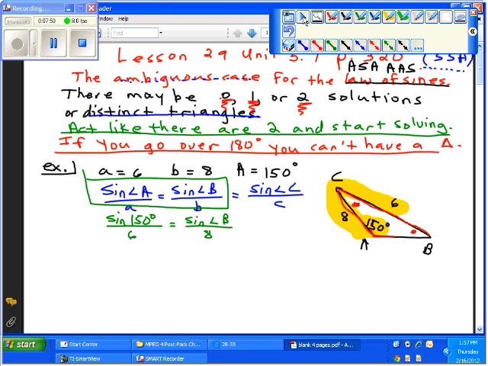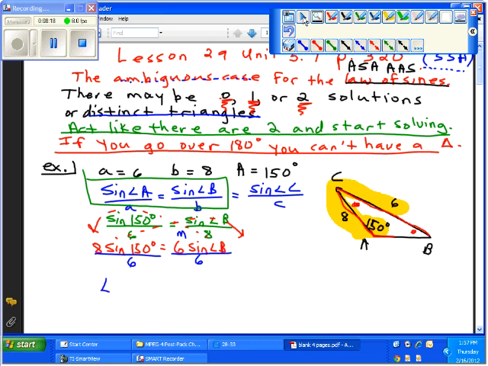And we're going to just start trying to solve for angle B. So to solve, we're going to cross multiply. We'll get 8 sine 150 degrees is equal to 6 sine B. We're going to undo multiplication by division.